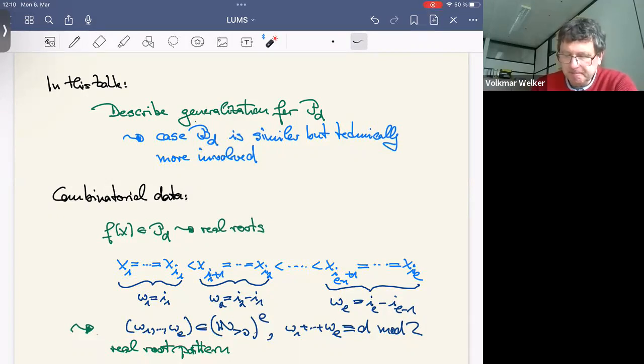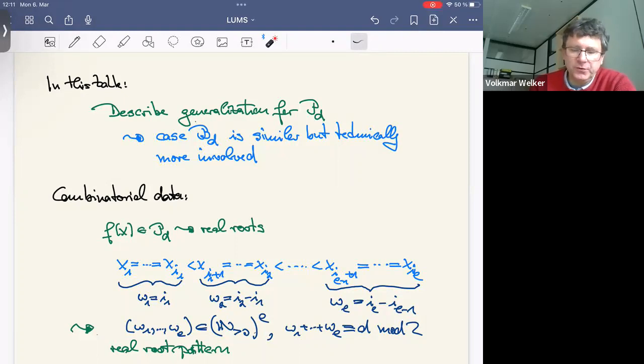And the sum of these numbers must, of course, be less or equal to the degree. But it must also be congruent to the degree modulo 2, because these are the real roots, and all the complex roots come in pairs. So there must be an even number of complex roots counted with multiplicity. And that we call the real root pattern of this fixed polynomial.